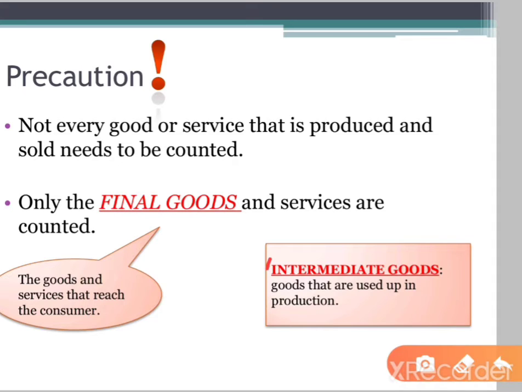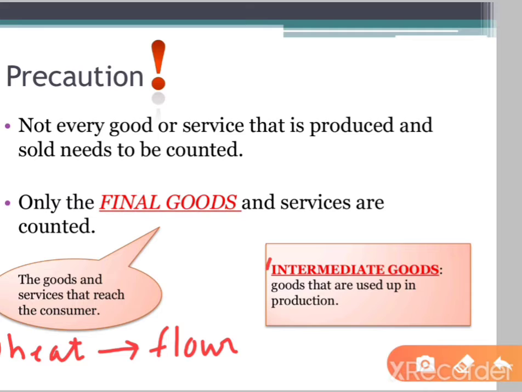Let's understand both these terms with an example. Suppose a farmer sells wheat to a flour mill. So the wheat being produced, or the cultivation of wheat, falls under the primary sector. And when the farmer sells this wheat to a flour mill, the mill converts it to flour.